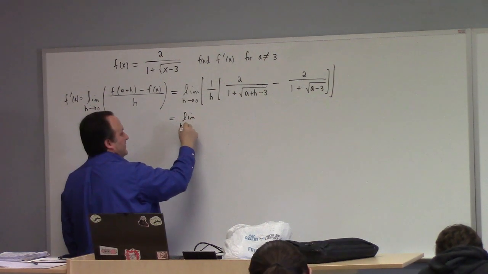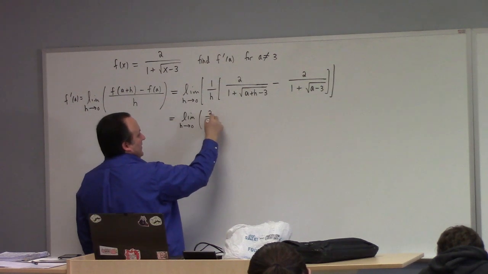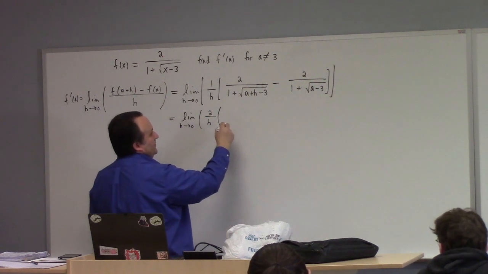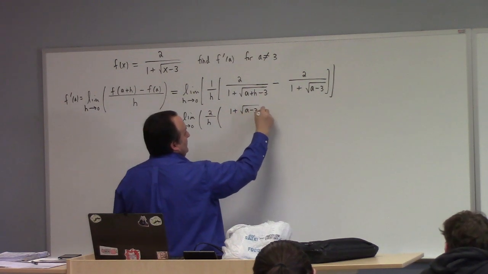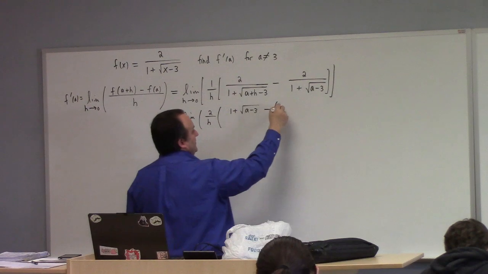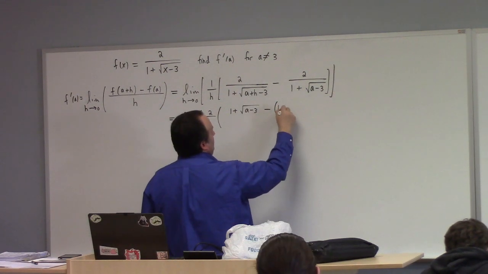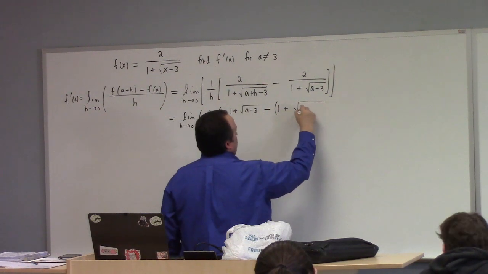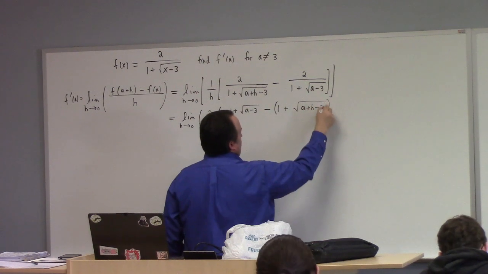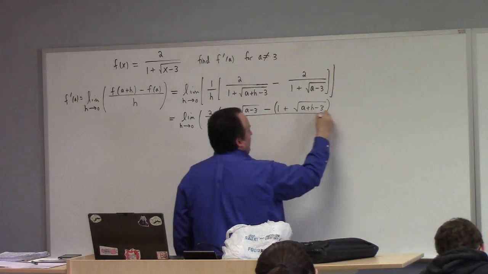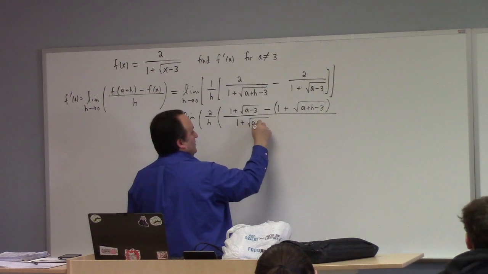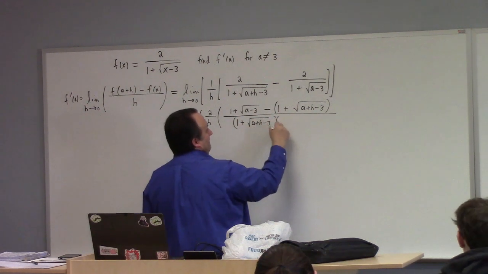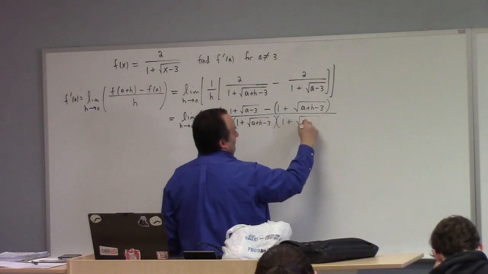Limit as h goes to 0 of 2 over h. If I make a common denominator, that gives me 1 plus the square root of a minus 3 minus, parentheses are our friends here, right? So minus 1 plus the square root of a plus h minus 3. Then that all gets divided by the product of the denominators, like so.